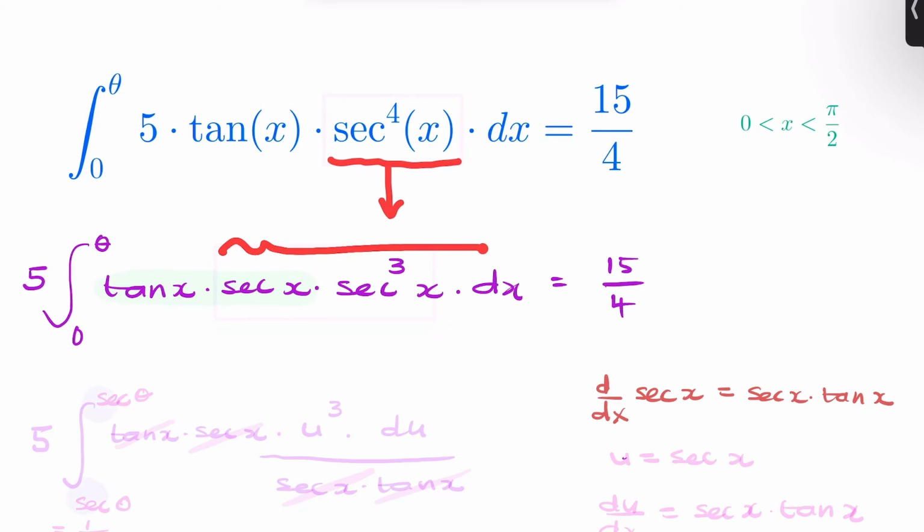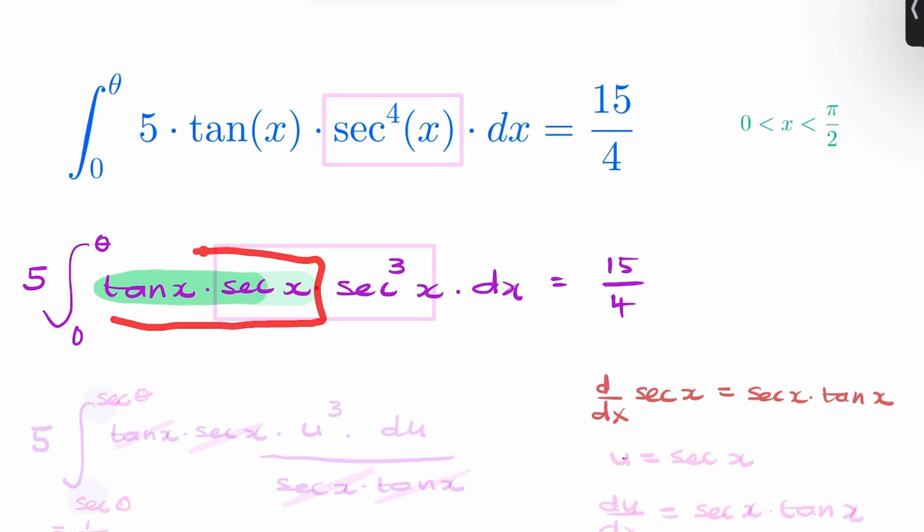So this secant x to the power 4 we can rewrite as secant times secant to the power 3. And that way it allows us this convenient tan x secant x that we can use for the reverse chain rule. And I've just taken the 5 outside of the integration.